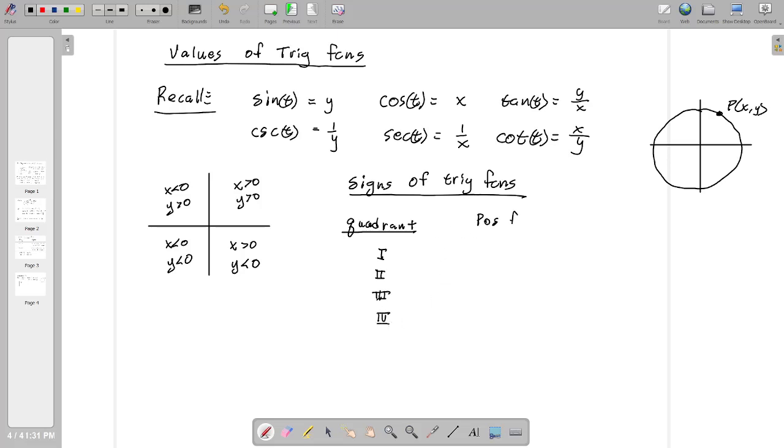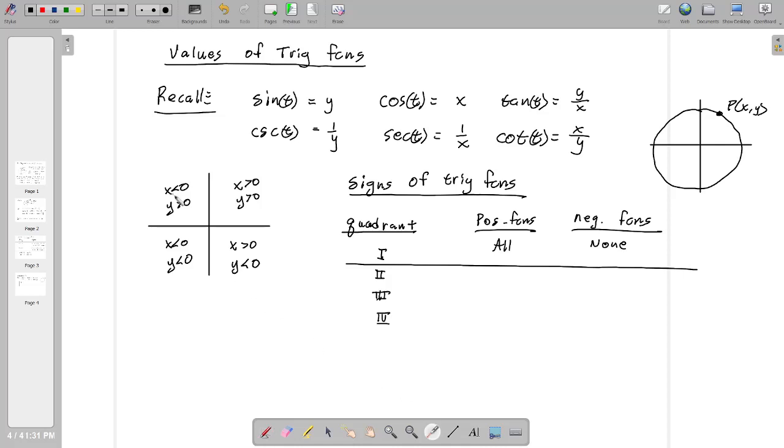Then we'll have our positive functions and negative functions. In quadrant 1, x is positive and y is positive, so all 6 trig functions will be positive. So there are no negative functions in quadrant 1.